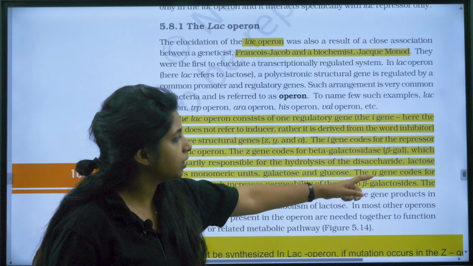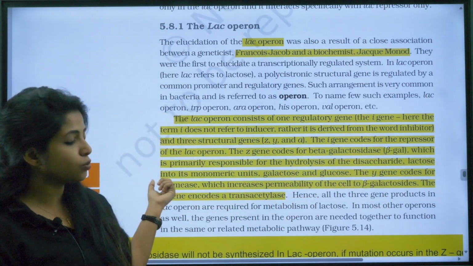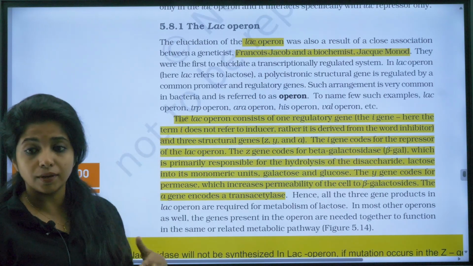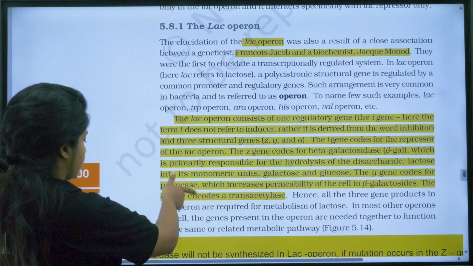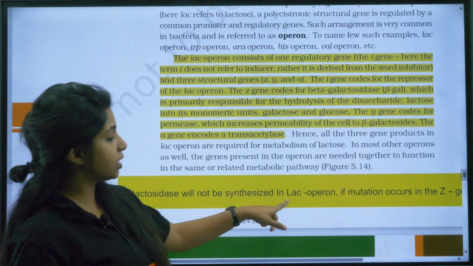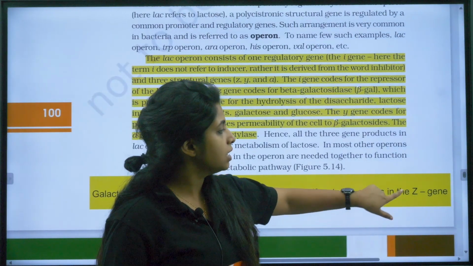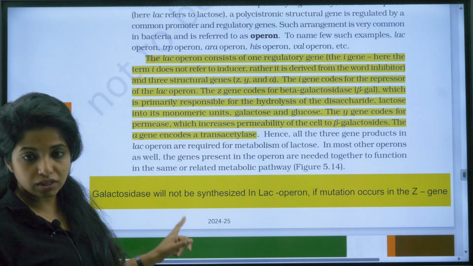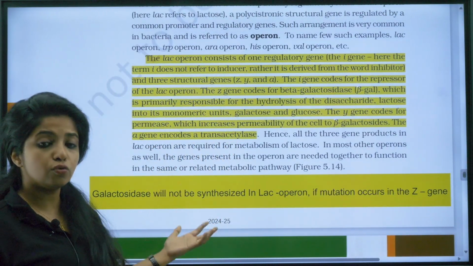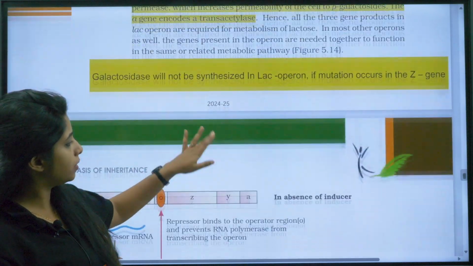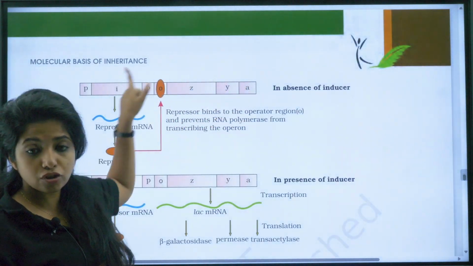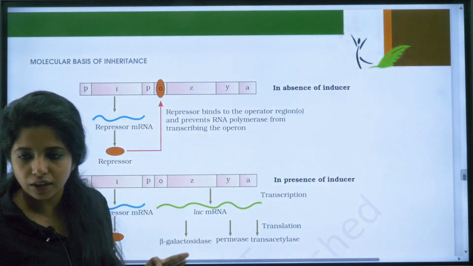What will happen if the next gene, that is the Y gene, which is coding for permease, is not there? You should be knowing about each of the things. Beta galactosidase will not be synthesized in lac operon if mutation occurs in the Z gene. These are the type of questions: is it true or false? You should be knowing about it. So this is the structure. Please remember the structure, very, very important.